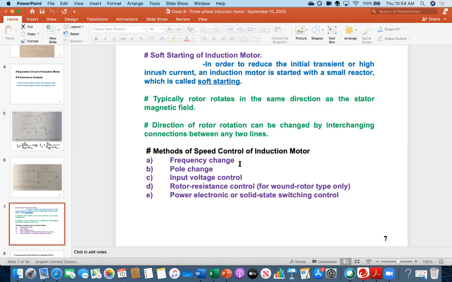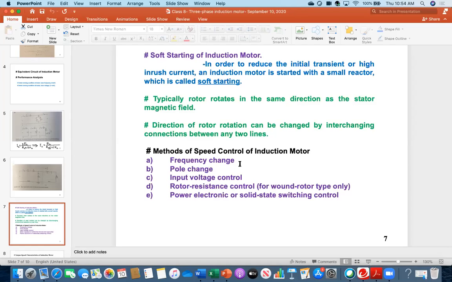So that's why, with ns = 120f/P, you can change the speed by controlling f or the number of poles. The number of poles here does not mean physical poles. You just need to change the winding pattern on the stator.